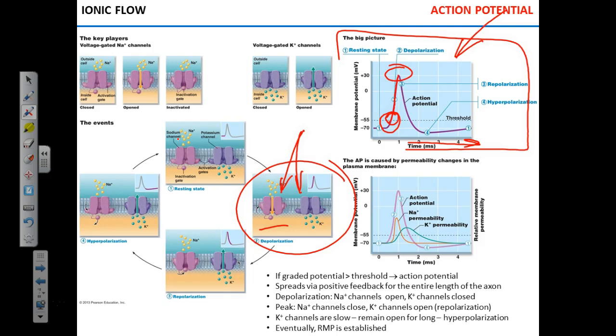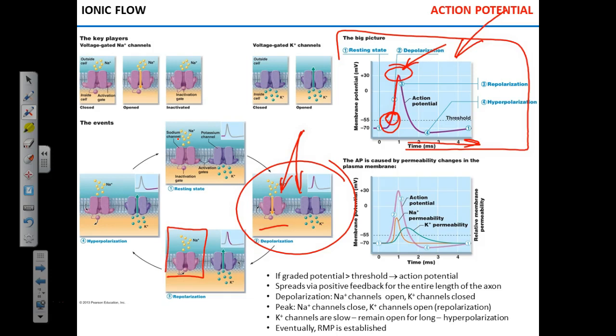Now, I do not require the memorization of those numbers. Don't worry about this. Really, I'm not going to ask you what the voltage is at the peak of membrane potential. Okay? However, what I want you to understand is that at the level of 30 millivolts, at the peak of membrane potential, sodium channels close.